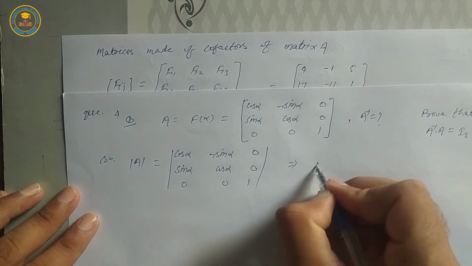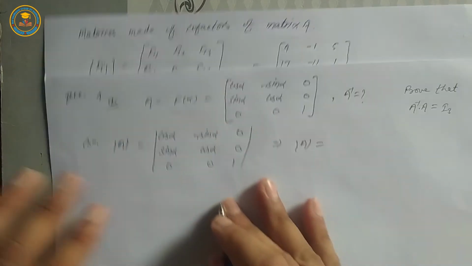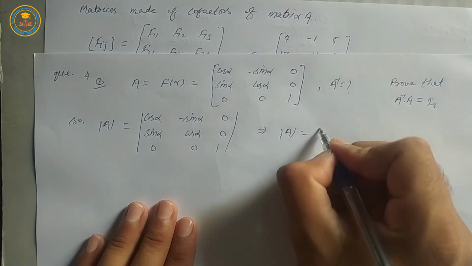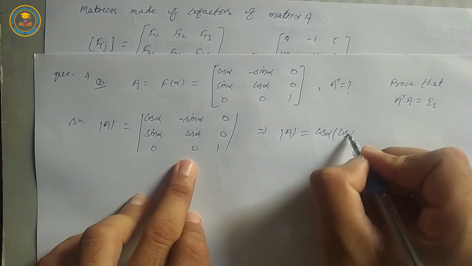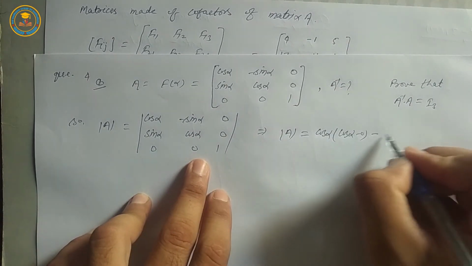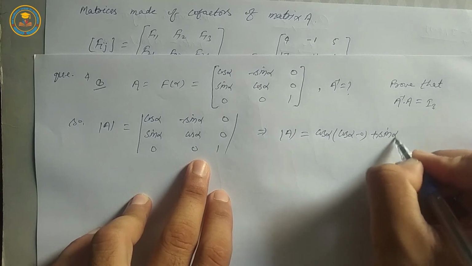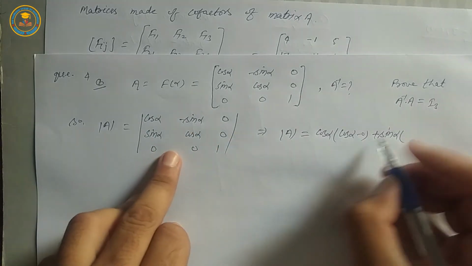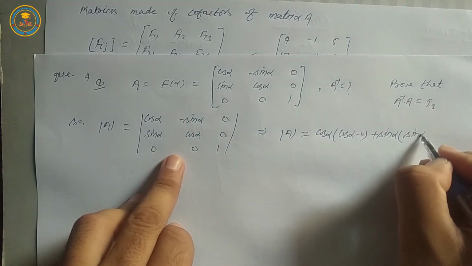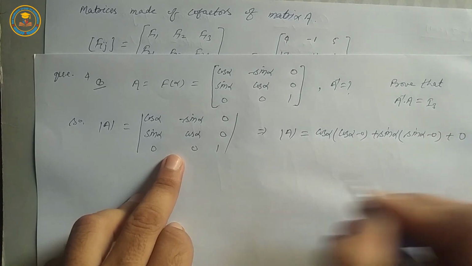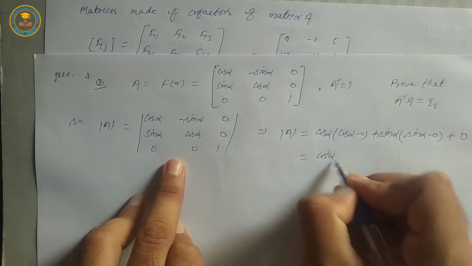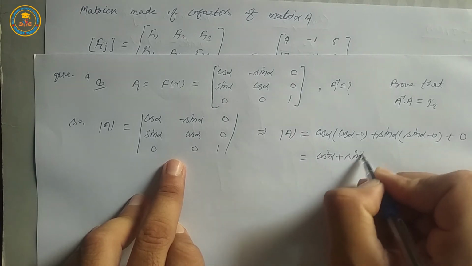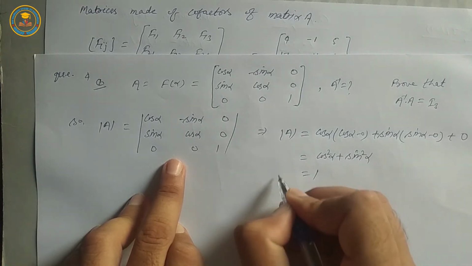Expanding along R1, determinant A equals cos alpha minus 0 plus sin alpha minus 0 plus 0, which is equal to cos square alpha plus sin square alpha, equal to 1.